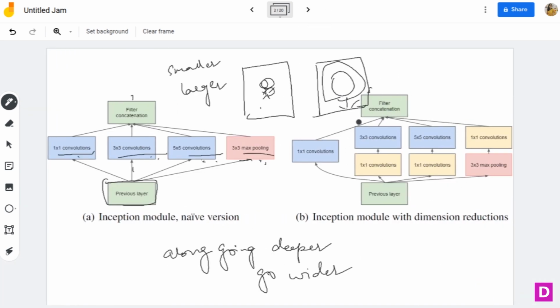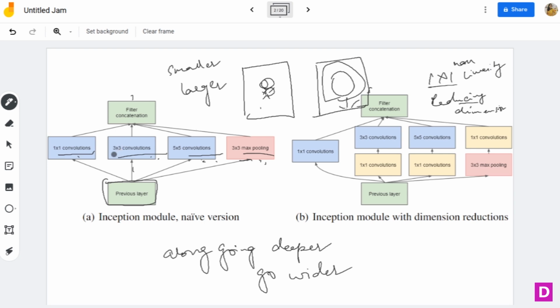If you remember, when we were learning about VGG, I told you that 1 cross 1 convolutions help in increasing non-linearity, but they also help in reducing dimensions. Now we'll talk about that more. 1 cross 1 will help in reducing the number of trainable parameters while giving us the same results.